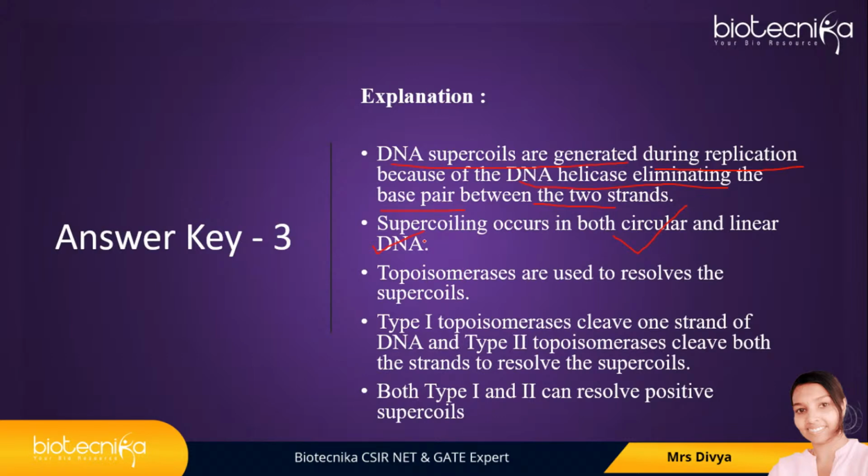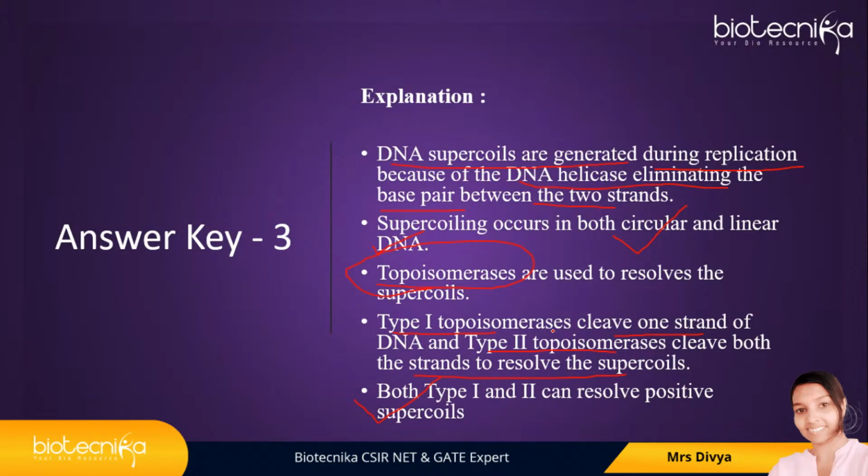For resolving this issue, we have the topoisomerases. Type 1 cleaves one strand of DNA, and type 2 cleaves both the strands of DNA. Both of them are needed for resolving the positive supercoils.